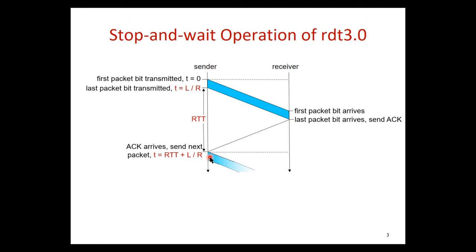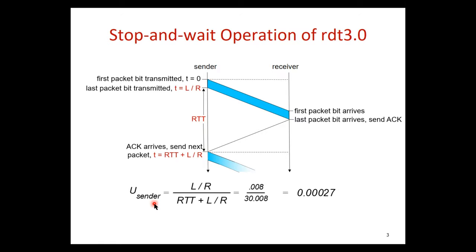So we can calculate what is the fraction of time during which the link is actually utilized. Essentially, it is this amount of time divided by this amount of time. This amount of time, we know, is the transmission delay, so it's L over R. And this amount of time is L over R plus RTT, which is what we have here in the denominator. Now this is what we're going to call the channel utilization rate.